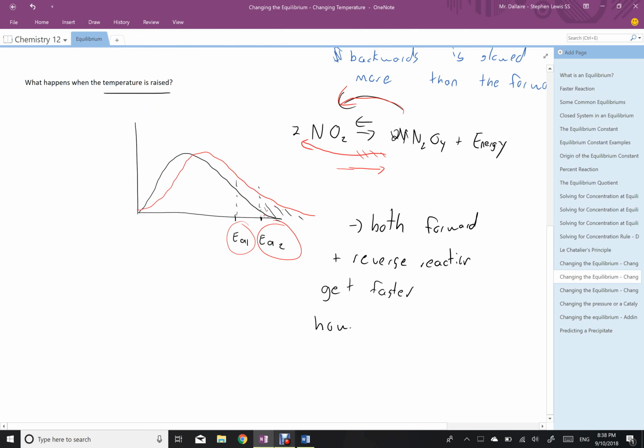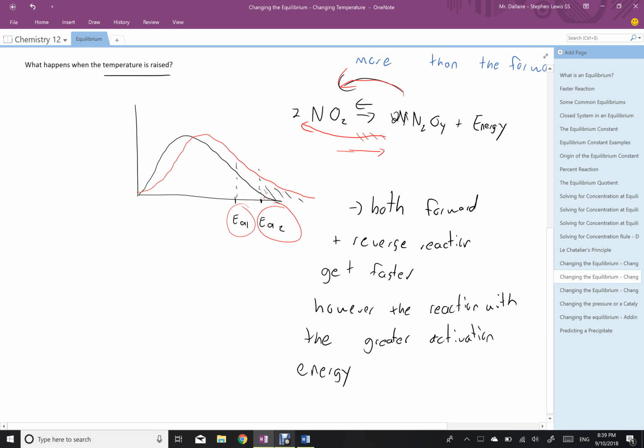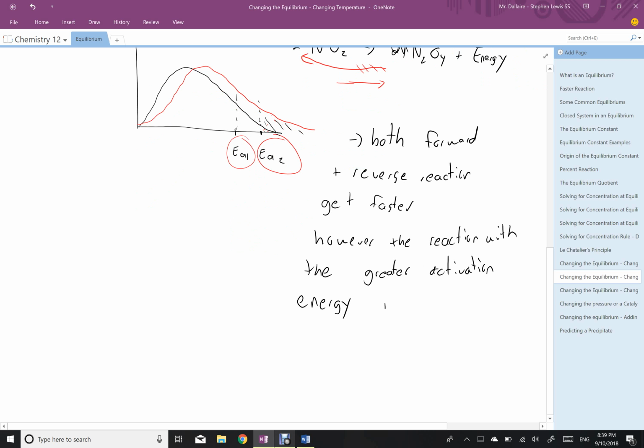However, the reaction with the greater activation energy is more affected by the change.